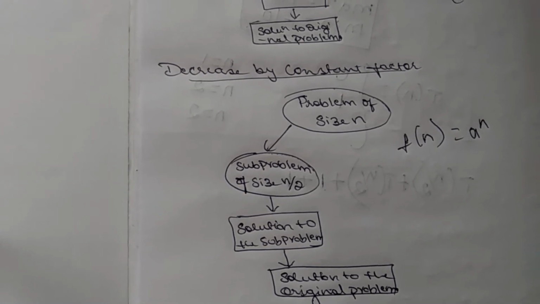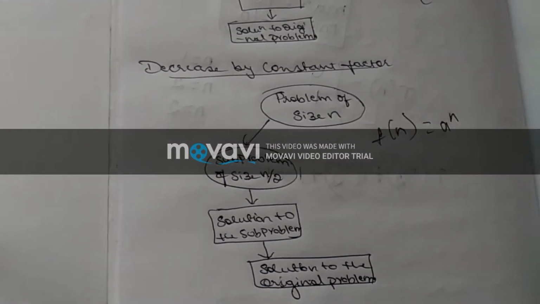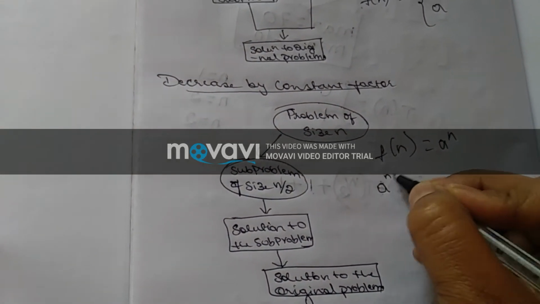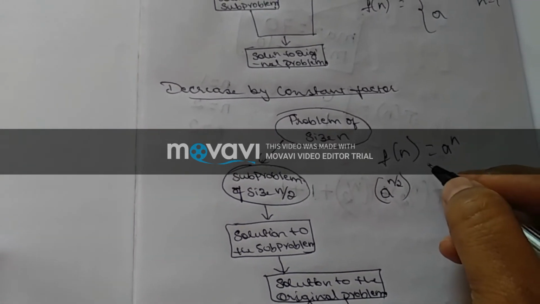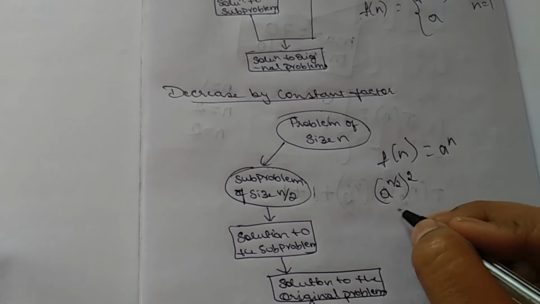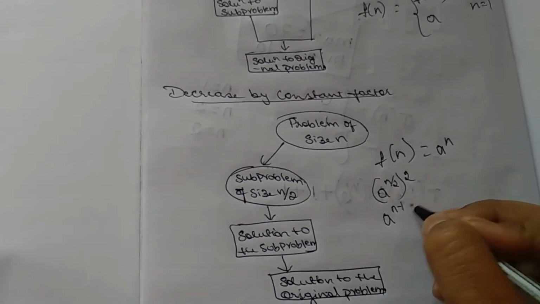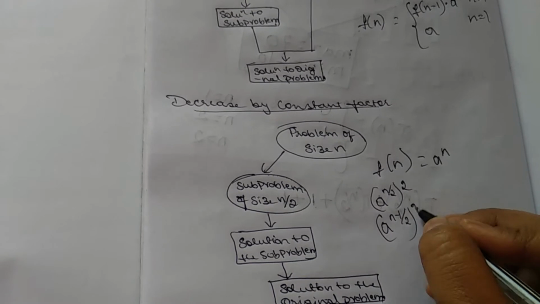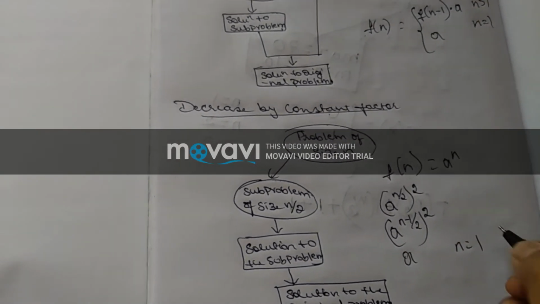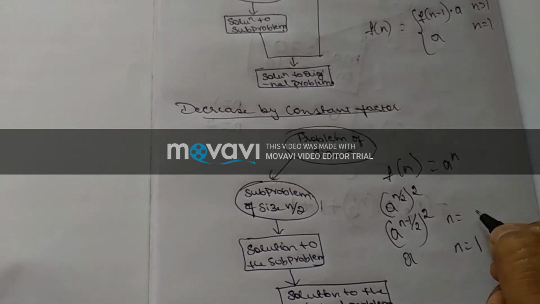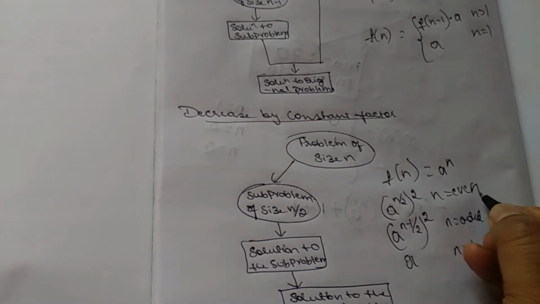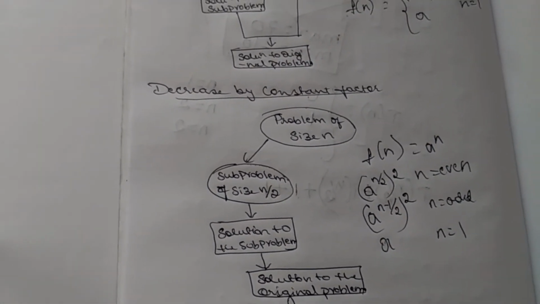If you have an even positive number, then this will be a power n by 2, whole squared. If it is an odd number, then a power n minus 1 divided by 2, whole squared, times a. If n is equal to 1, then that is a. This is your decrease by constant factor.